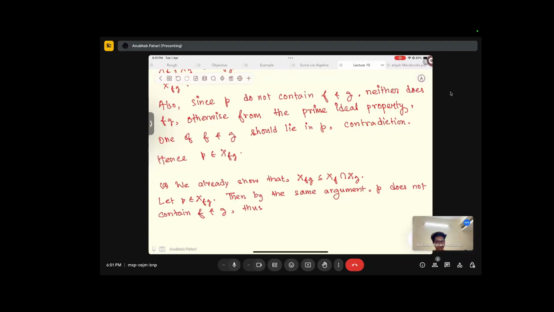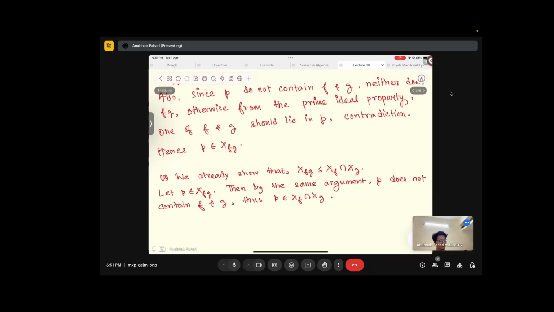Thus P belongs to X_f intersection X_g. Thus it implies equality.